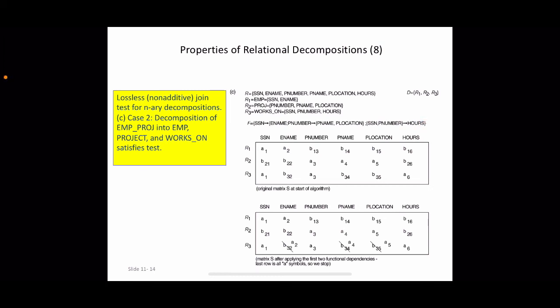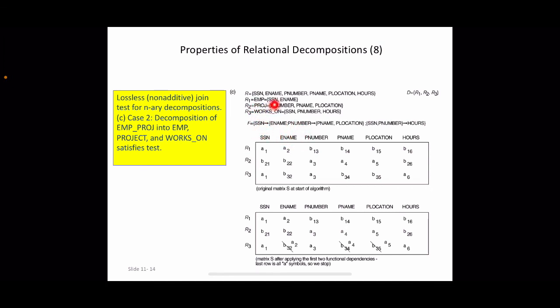So as an initial step we have to create the matrix, right, with 3 rows corresponding to each decomposition relation. We have a row here, and corresponding to each attribute we have a column here, and fill the values like B11, B12 etc. That will be the initial values, and then we have to change the corresponding values checking each relation. So R1, what is R1 here?